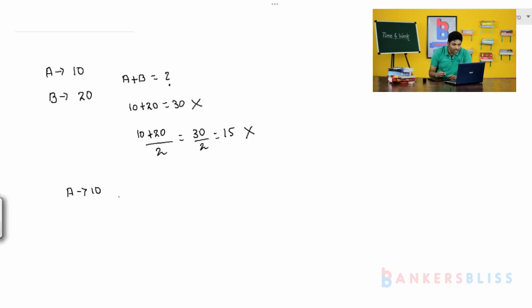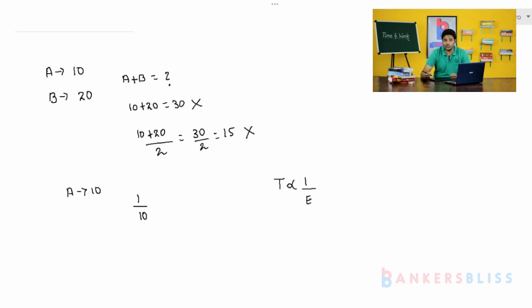If he takes 10 days to complete the task, then per day he is going to complete 1/10 of the work, because time is inversely proportional to the efficiency of the work. In 10 days he is going to complete the whole work, so per day 1/10 of the work.